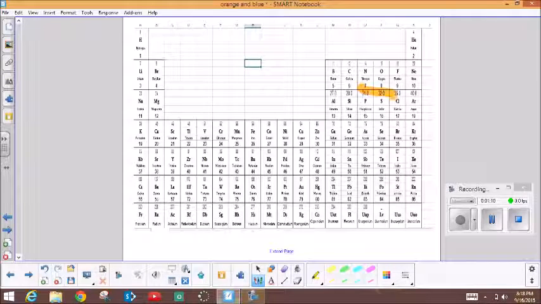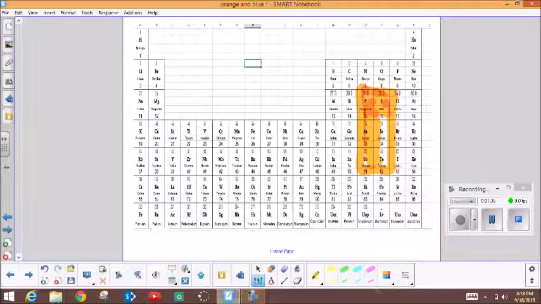The orange ones are this area right here, which I will be referring to as the bus. The way I find them is by looking at the elements right here. That's a P and that's an S, phosphorus and sulfur, and it is part of a mnemonic device: I say, public school bus.